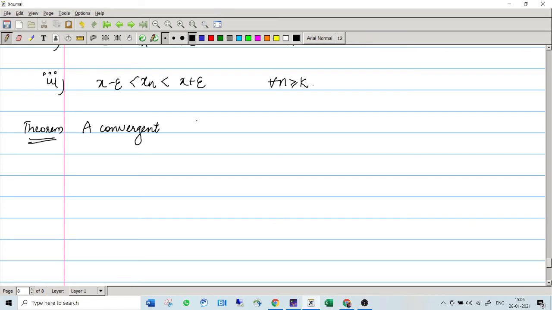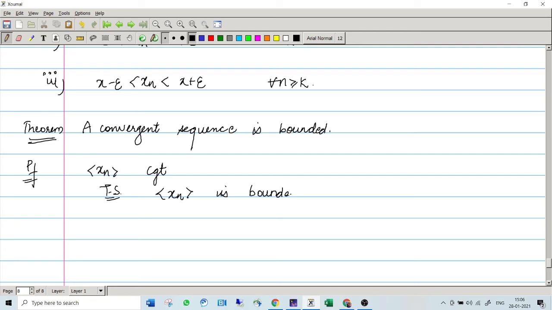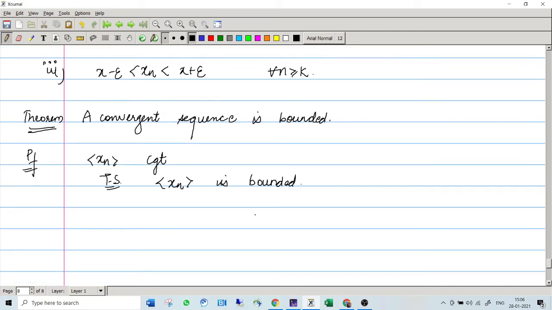So we have that a convergent sequence is bounded. It means we want to show that if we have a sequence xn which is convergent, then the sequence xn is bounded, right? So let us see how it happens.